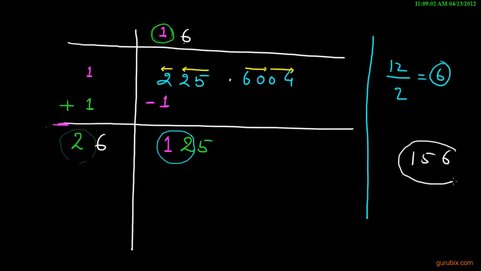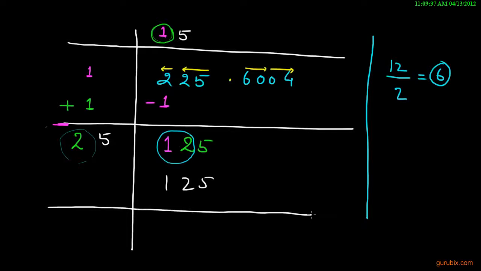What do we observe? We observe that this 156 is greater than this number 125, so 6 is not appropriate here. So we shall write 5 here, and now we shall multiply 5 with this 25, then we get 125, and this is equal to this 125.